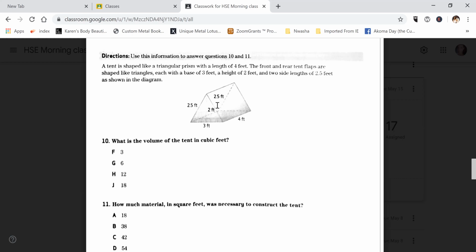What's the front times 2? And what's the bottom? But you can do it as just addition. So if you say, what is the left side? You've got 2.5 times 4. So what would be the area of the left or the right side?